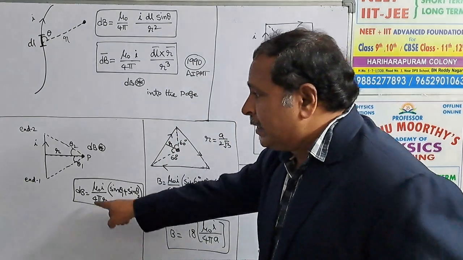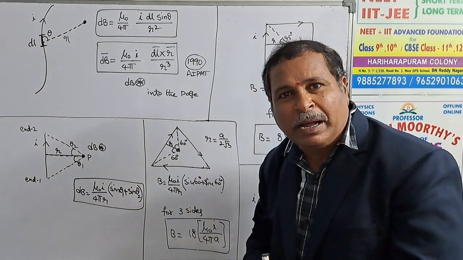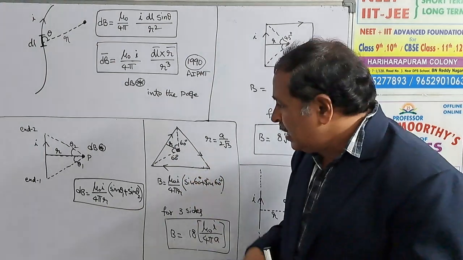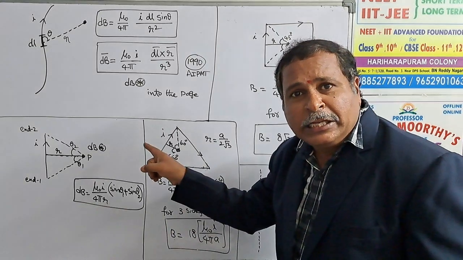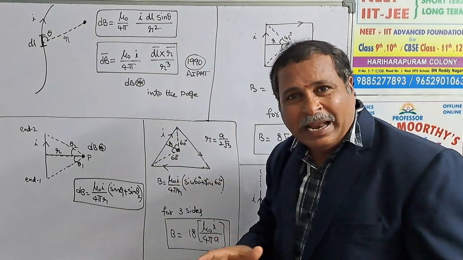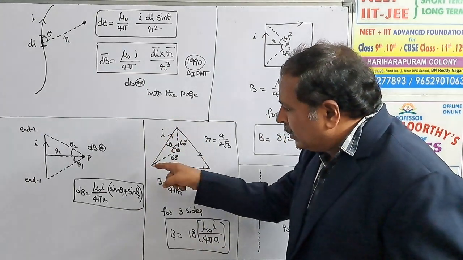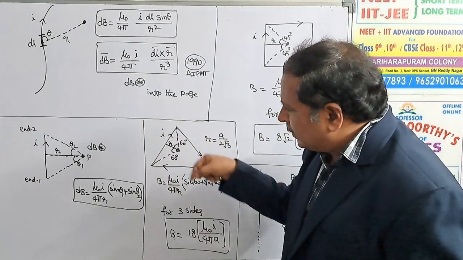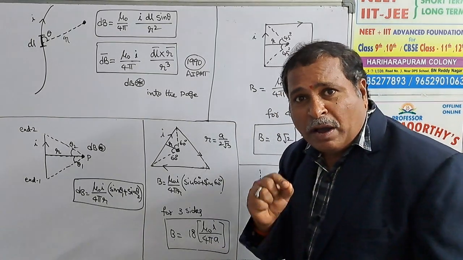Now its extension is this one. This is a triangular current carrying plane, through which current I is passing. The triangle has 3 sides. We want the magnetic induction at the center of the triangle.